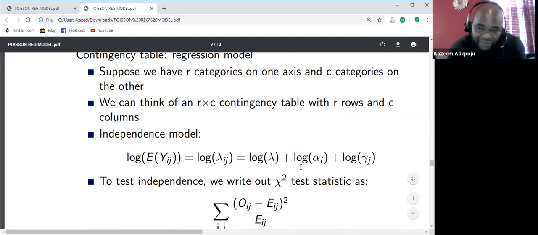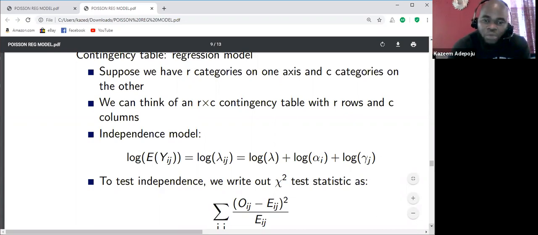What I have right here is the general formula of a Poisson regression model that we also call the log linear model. It is log of that linear, linear because we have something plus something plus something.